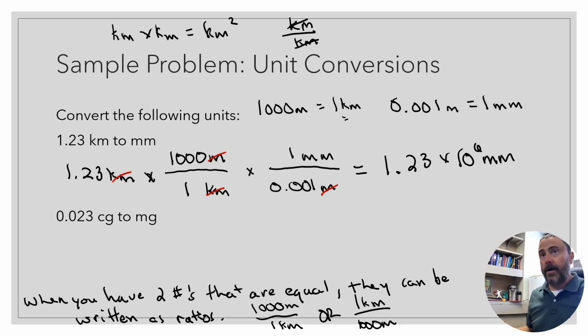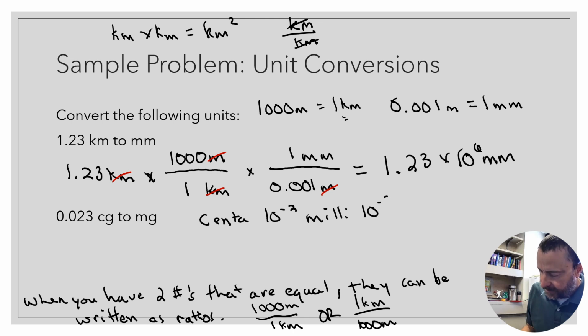All right, now for our next one, I have my 0.023 centigrams to milligrams. This is a little bit tougher because there are no base units here. But note that centi is 10 to the minus second, and milli is 10 to the minus third.